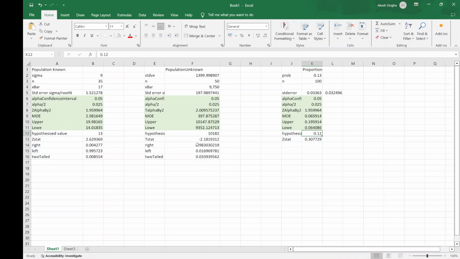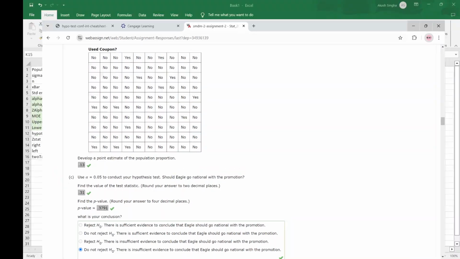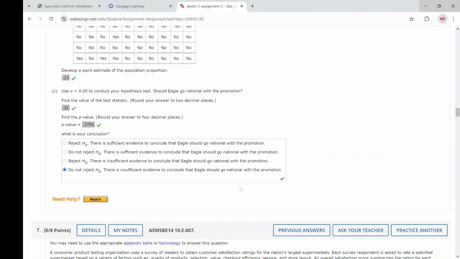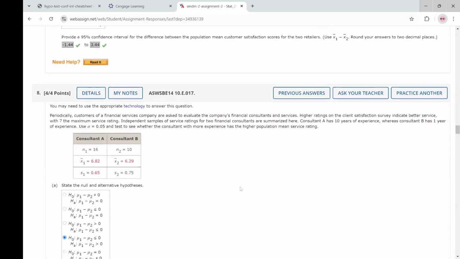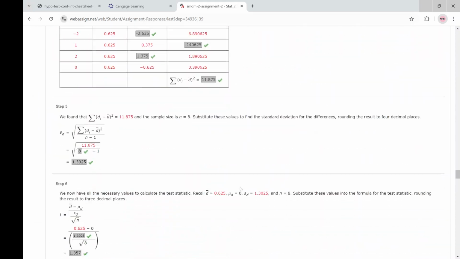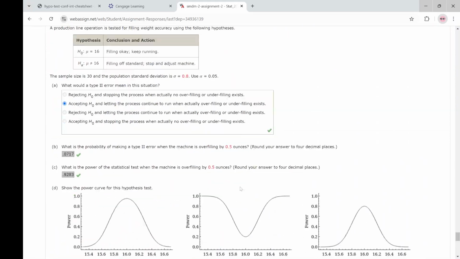After calculating this stat, it's pretty much similar. So this is 3791. Okay. So this is done. Hypothesis testing is done. All three combinations I have shown.